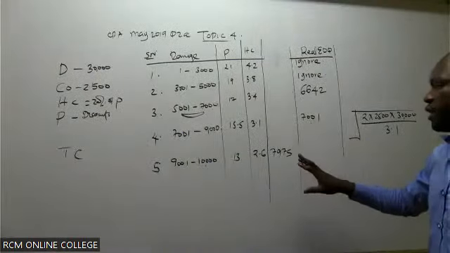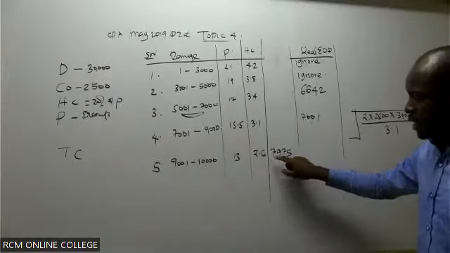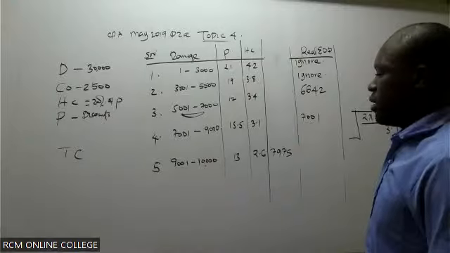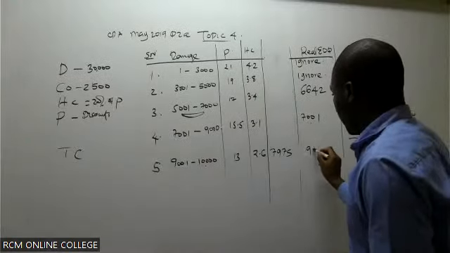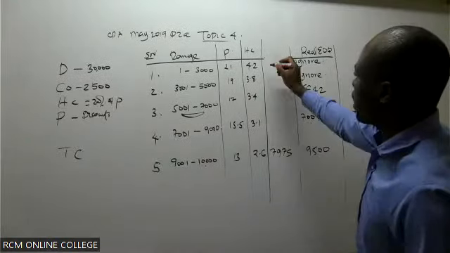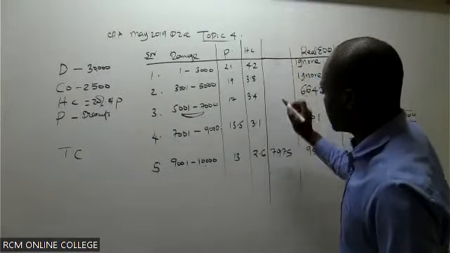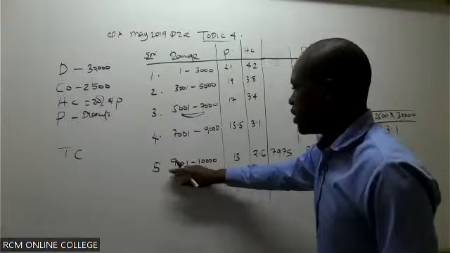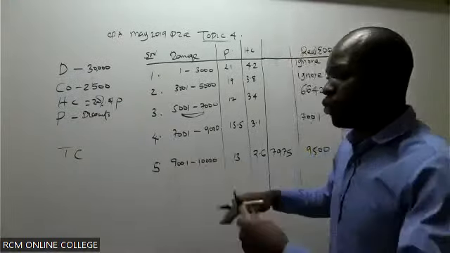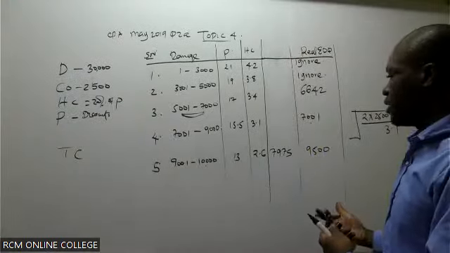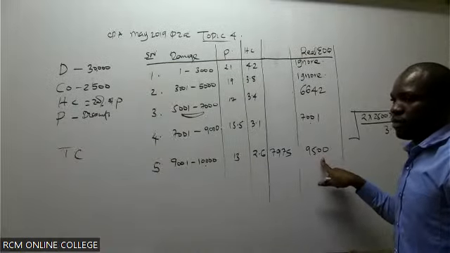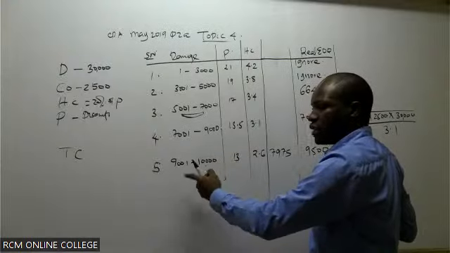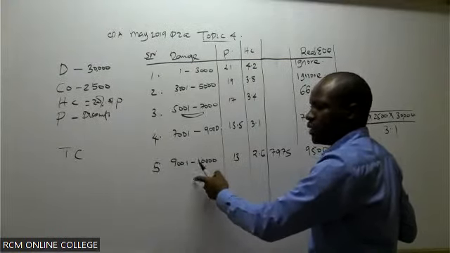Because I've been able to see whatever you are getting here, you check, is it within this range? Why do you bring 9,500 here, yet your calculated is 79.75 and the range is this one here? Why do you come and stick to 9,500? How do you even arrive at 9,500 to bring it here? You don't just pick any within this range.